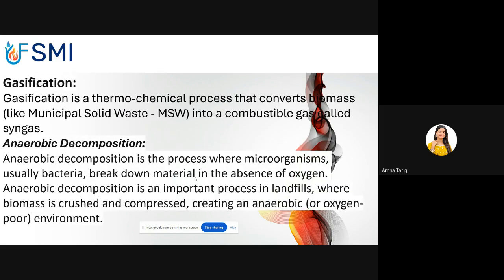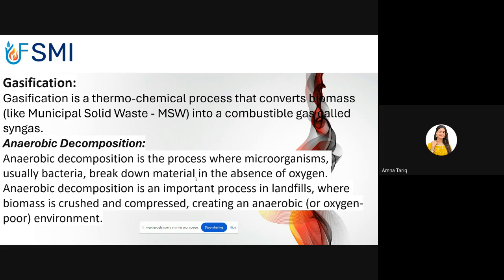So the next type is gasification. Gasification is a thermochemical process that converts biomass into a combustible gas called syngas. To understand the process of gasification, imagine a large container called a gasifier.